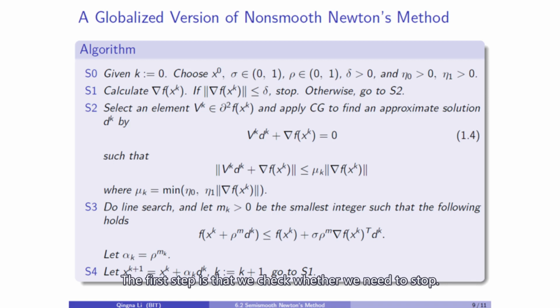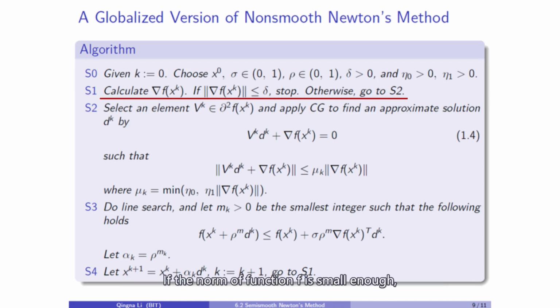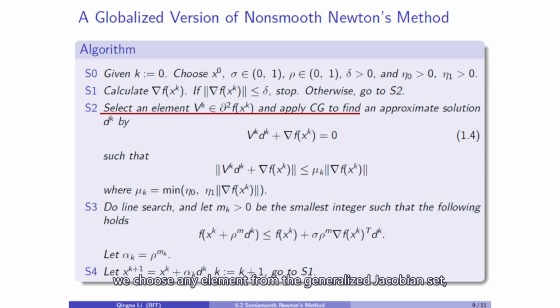The first step is that we check whether we need to stop. If the norm of function f is small enough, we can regard that we have reached the optimality condition and we stop. Otherwise, we go to the second step. The second step is that we choose any element from the generalized Jacobian set, and we solve the Newton's direction by the conjugate gradient method.